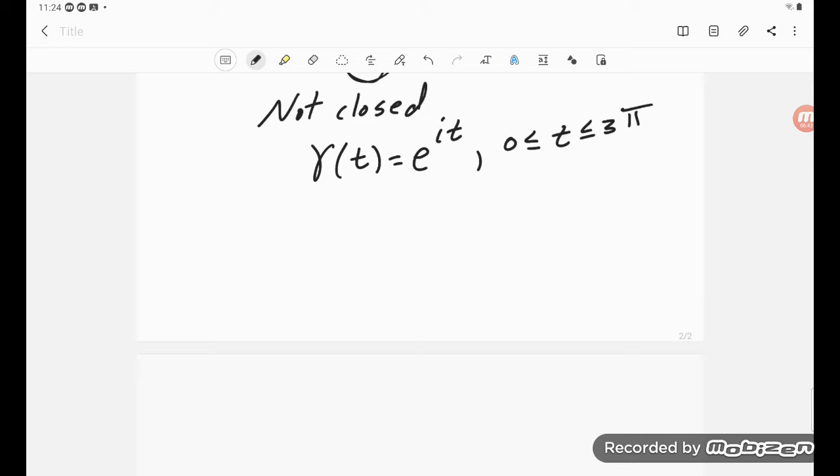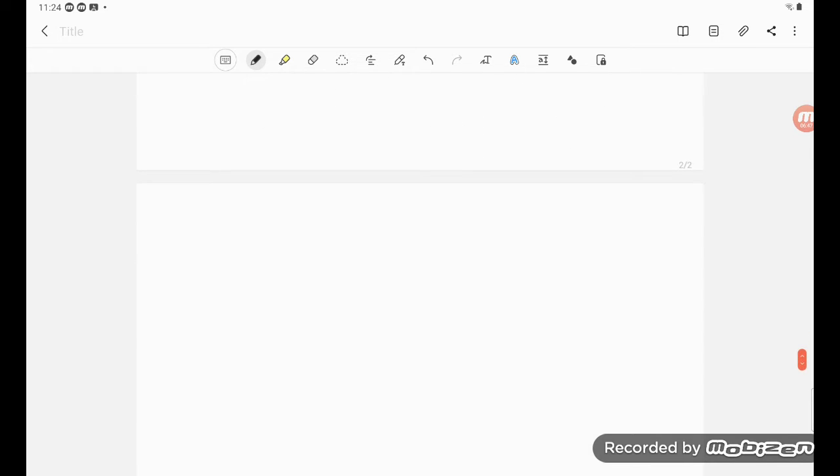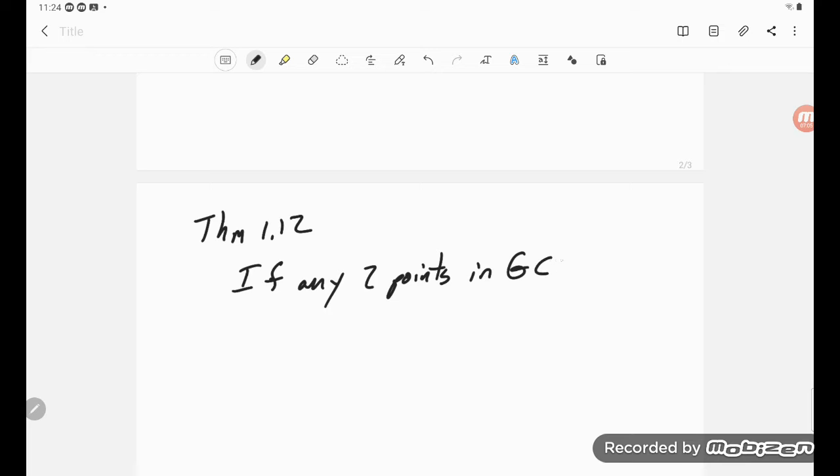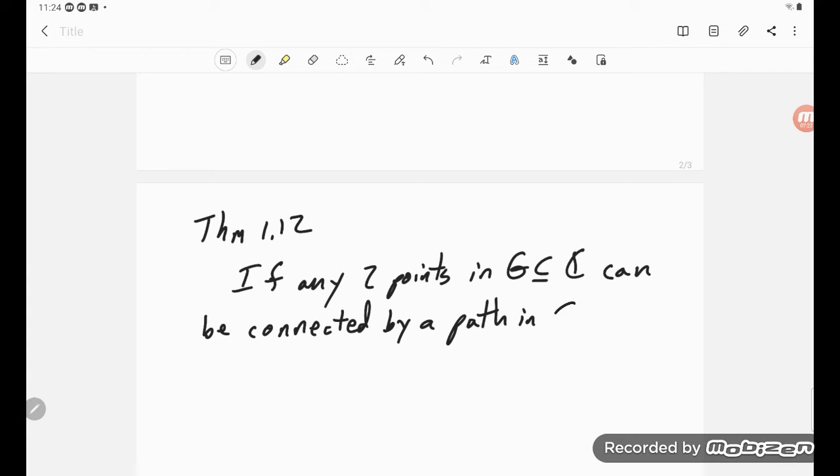Okay, so finally, their last theorem here says if any 2 points in some subset G of complex numbers can be connected by a path in G, then G is connected.